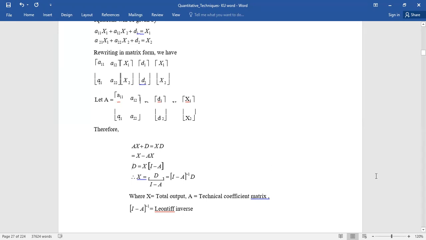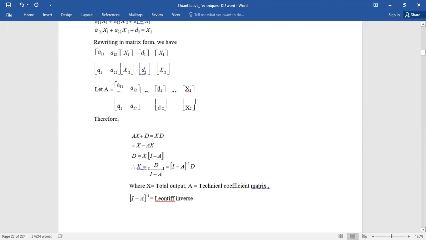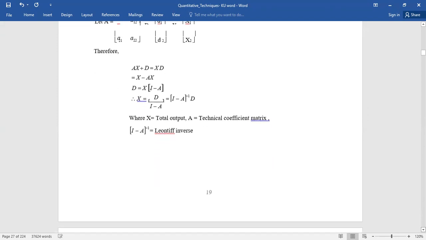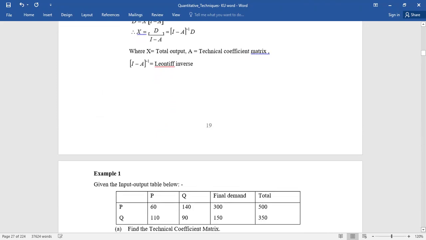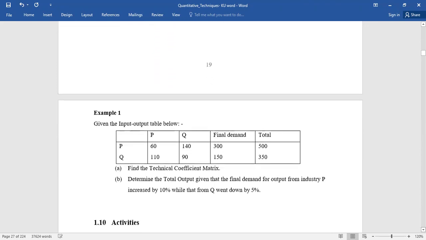Well, it is easier said. Let's have an example and see. I've shared this example on your portal. I want you to open the portal so that we work from the Excel.